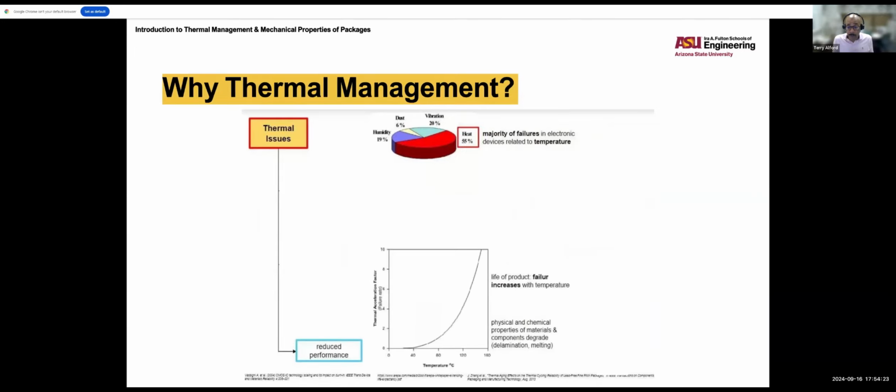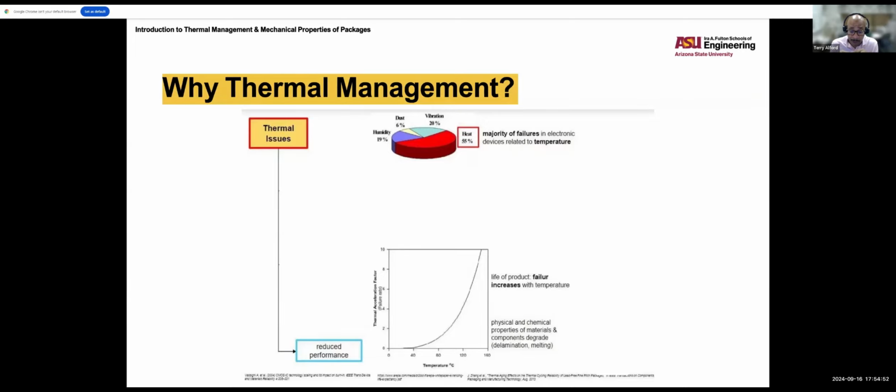Now, as we increase the operating temperature, we are going to look in this particular plot, looking at accelerated failure rates. As we increase the temperature, we're going to enhance things like degradation of properties, like mechanical properties.